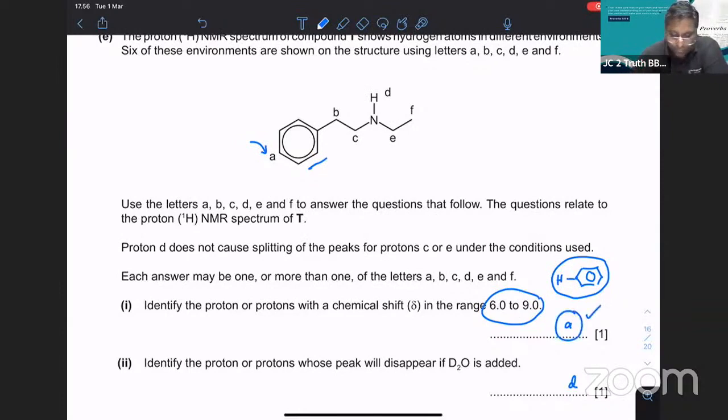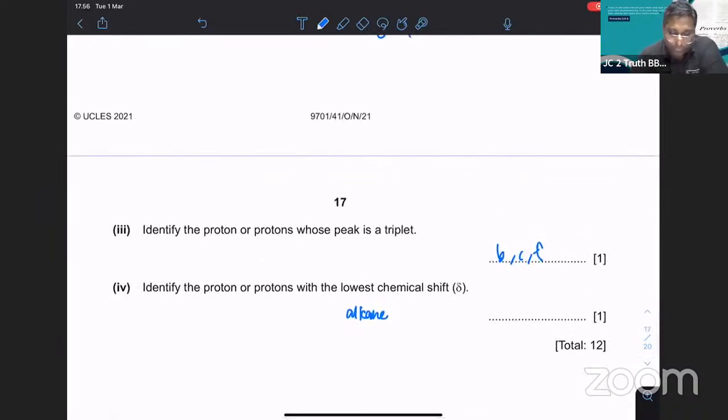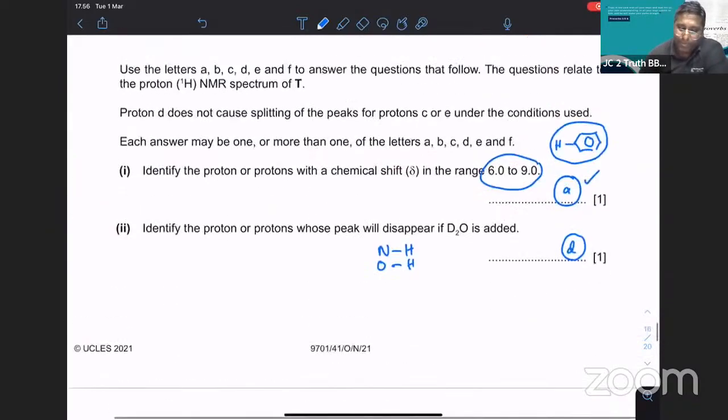Identify the proton whose peak will disappear when D2O is added. The rapid exchange happens whenever you have a proton attached to nitrogen or a proton attached to O. So the one that will disappear is D, and H. Next, identify the proton whose peak is going to be a triplet.